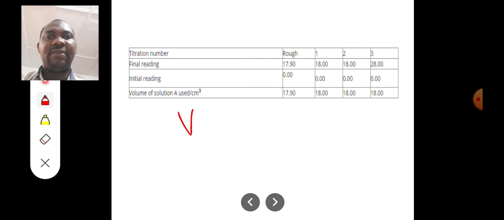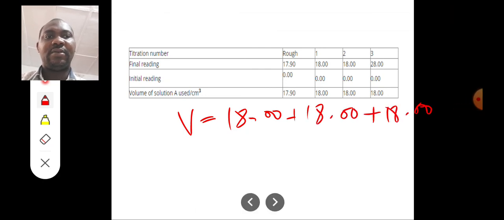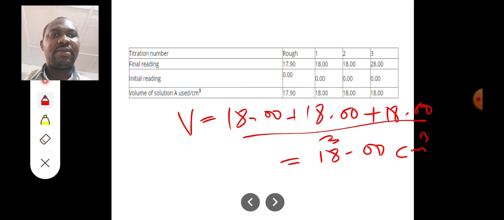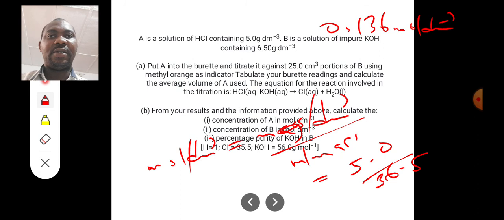The average titer value is 18.00 plus 18.00 plus 18.00 divided by 3, which gives 18.00 cm cube as the volume of the acid. I will go back to the question now.